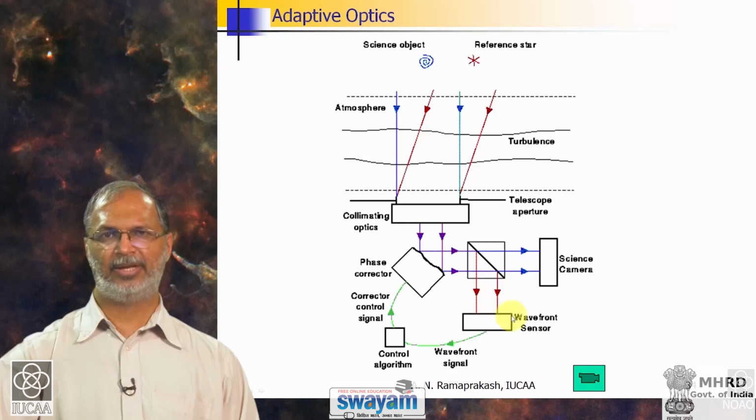And here there is something called a wavefront sensor. What it does is, it measures the shape of the wavefront falling on this sensor as originated from the reference star. So, if the atmosphere was not there, you would have expected a plane wavefront here, but because the wavefront is distorted as it passes through the atmosphere, you get distortions measured by the wavefront sensor.